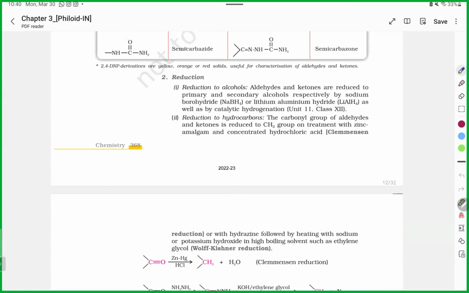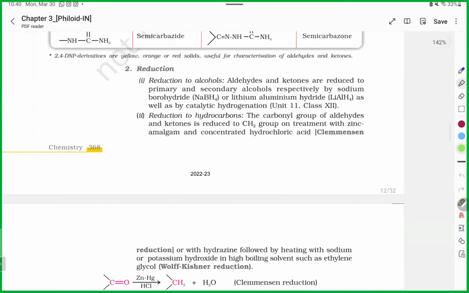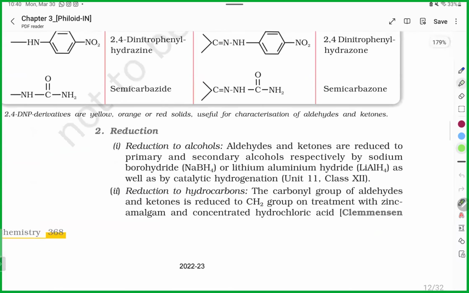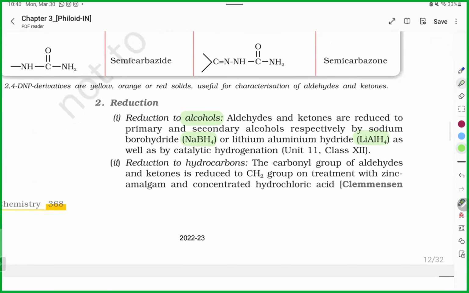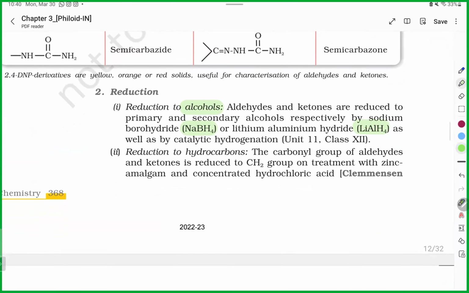So, if an aldehyde or ketone undergoes reduction, what will happen? It will produce alcohol. Aldehyde or ketone is reduced to alcohol by using any reducing agent, whether this or this. Aldehyde or ketone can also be converted into hydrocarbon. Correct?